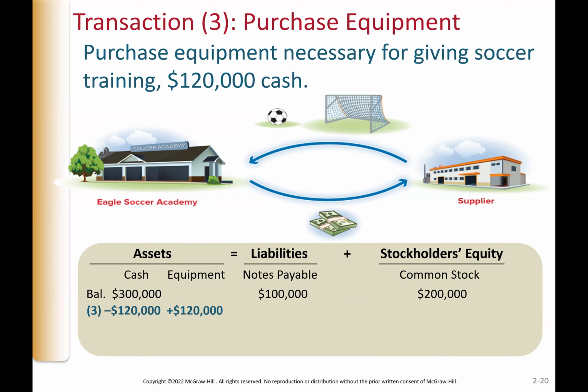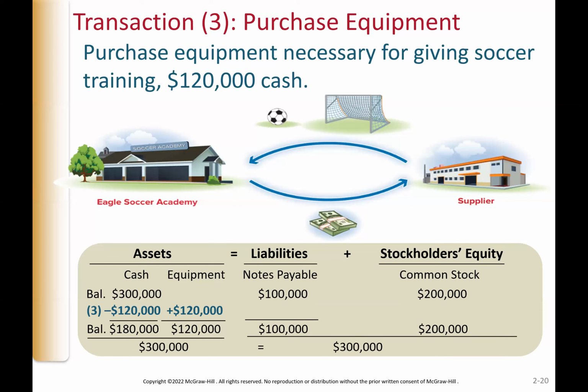Exactly. We use cash to buy equipment. So cash goes down, equipment goes up. Equipment is an asset. Cash is an asset, right? But guys, do our assets equal our liabilities plus our stockholders' equity after doing this transaction?